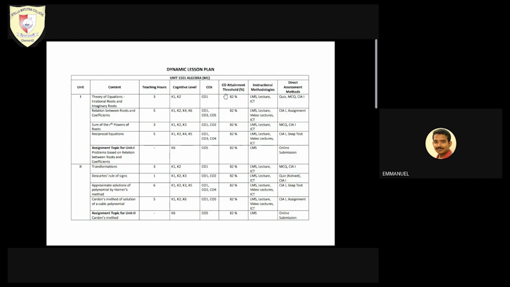We run two shifts, shift one in the day college and shift two in the afternoon college. The professors handling both shifts came together, looked into the previous batch's average performance, both internals and semester examination, and tried to fix 82 percent.